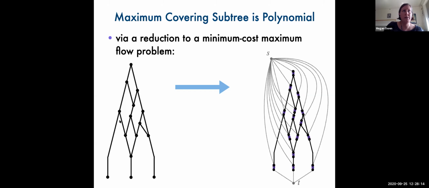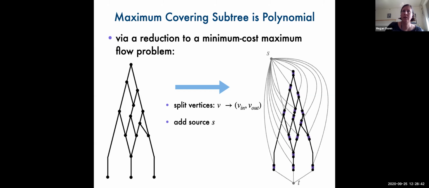So if this is the network over here, say, and I'm trying to figure out what the maximum subtree is, I'm going to make it into my flow network. So the first thing I'm going to do is each of these vertices here, I'm going to split them into an in and an out. This is a pretty standard network flow trick, I think, for dealing with certain kinds of problems.